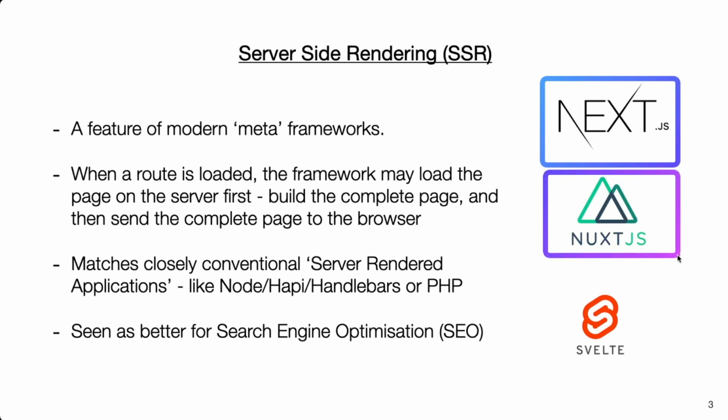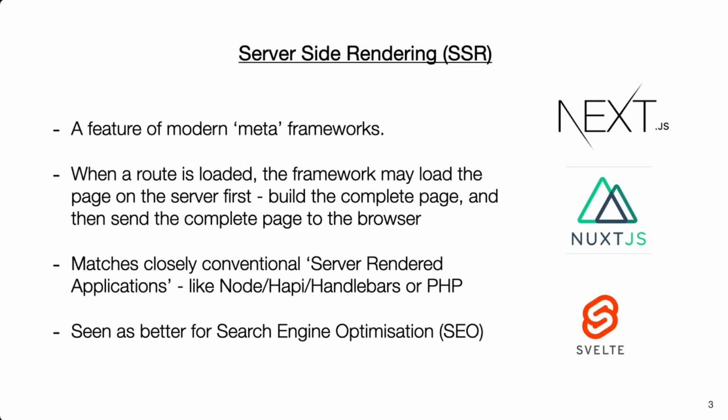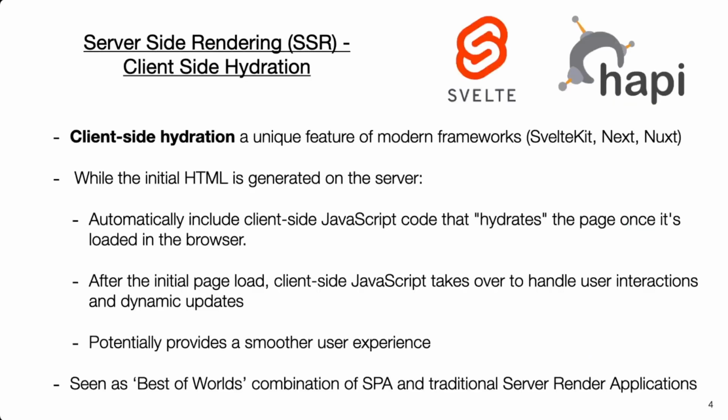And for Svelte, the meta framework is SvelteKit. They're sort of blending Svelte and SvelteKit, so they're not necessarily using a different logo, but SvelteKit provides us with meta framework routing capabilities. So what are they?